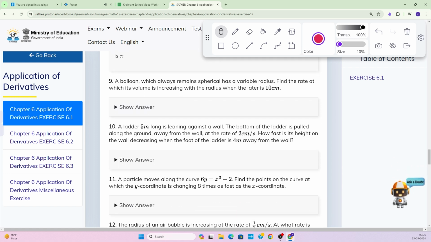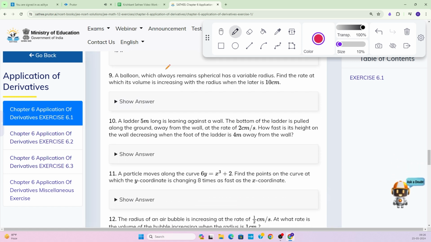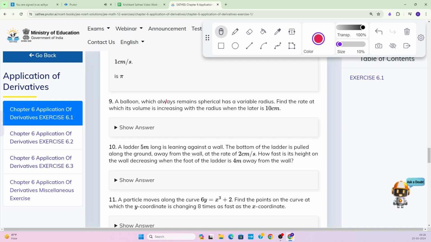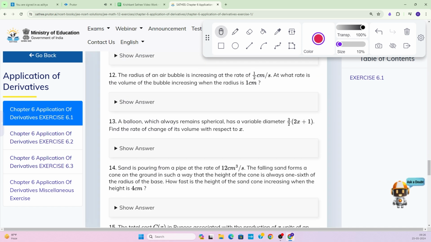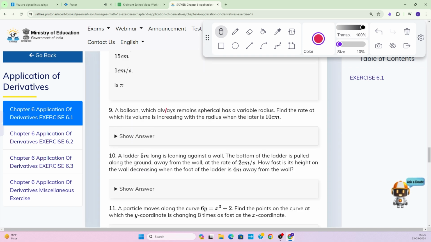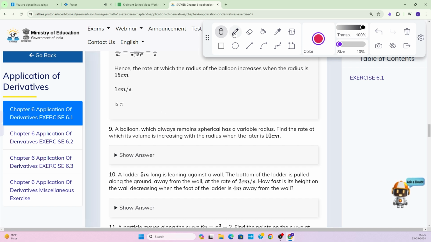Now let us move to the next. Sorry, first of all, this thing will be 1 by pi, not just 1. Clear?